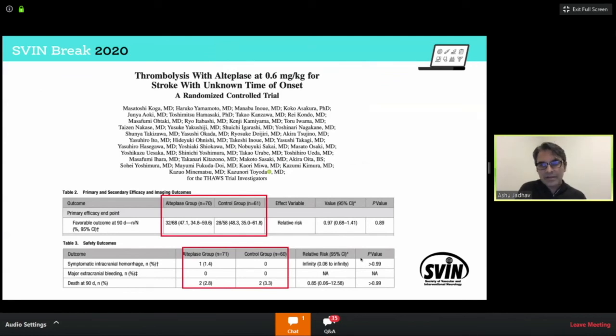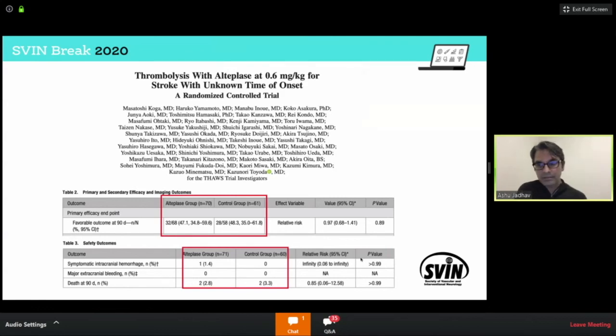Recently, and again, this is data that's been presented before, but this was recently published in the journal Stroke, from Japan. A similar DWI-FLAIR mismatch paradigm was applied, and they did not see benefit using this mismatch of DWI-FLAIR in patients who received alteplase versus placebo.